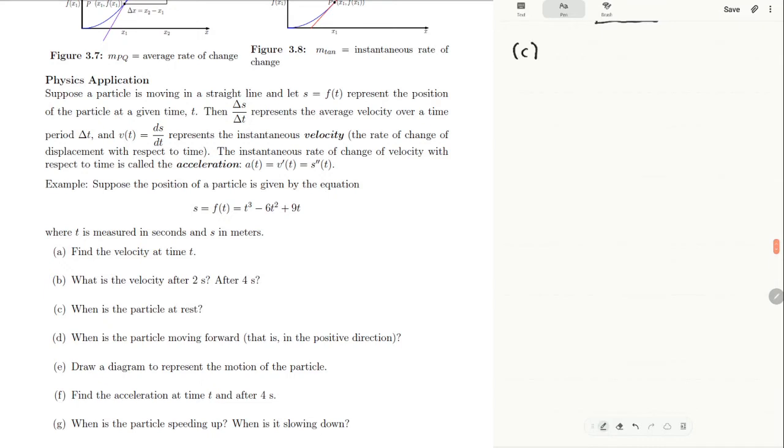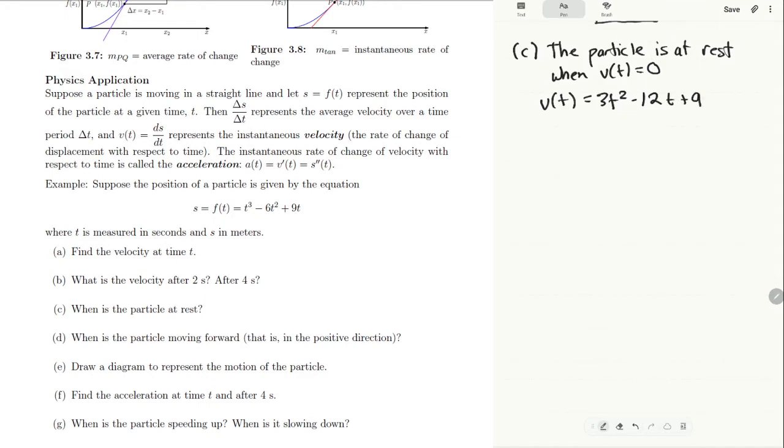Now, when is the particle at rest? Well, the particle is at rest if the velocity is equal to 0. And so our velocity function is 3t squared minus 12t plus 9.